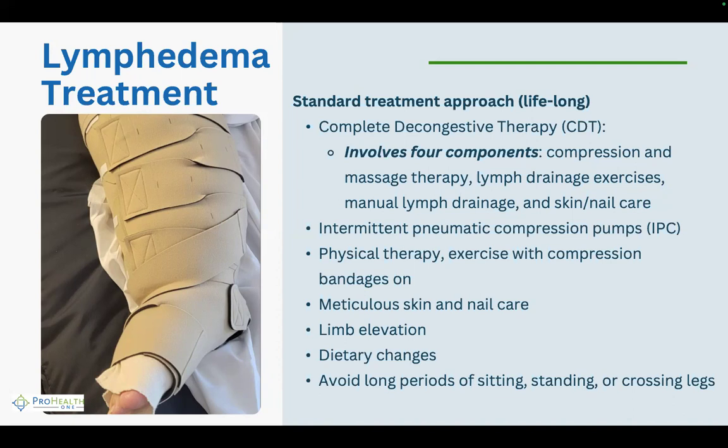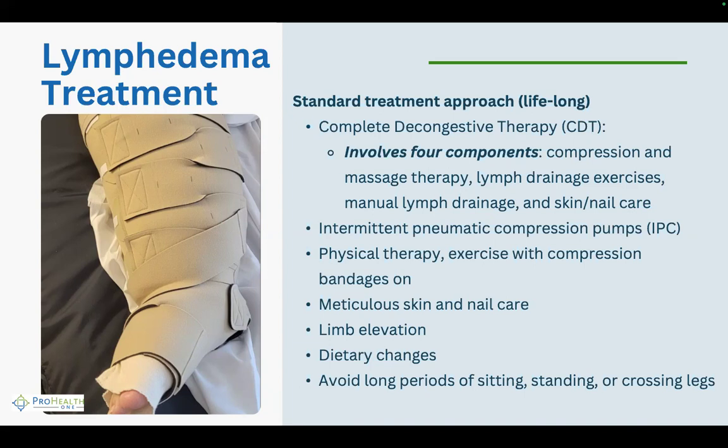But other things that you also want to involve in your lymphedema treatment is you can also use intermittent pneumatic compression devices. They'll usually have a schedule for that, and they'll do that a couple of hours a day, just to help reduce the amount of swelling they have in the extremities. Physical therapy with a very good exercise program and doing the exercises while you have compression bandages on is also important.